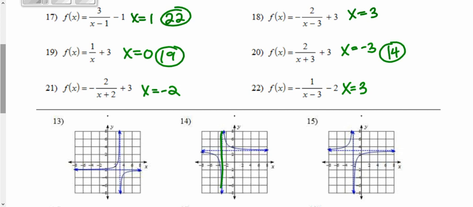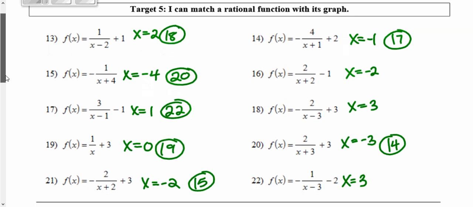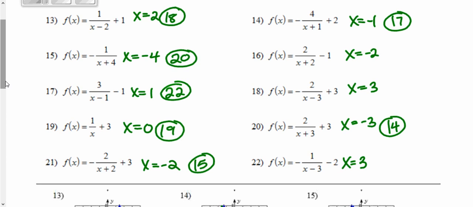And then on 21, it's at -2, which is number 15. Okay, so the ones I have remaining, it's because they have the same asymptote as something else. And so I'm going to go through and also write their horizontal asymptote.